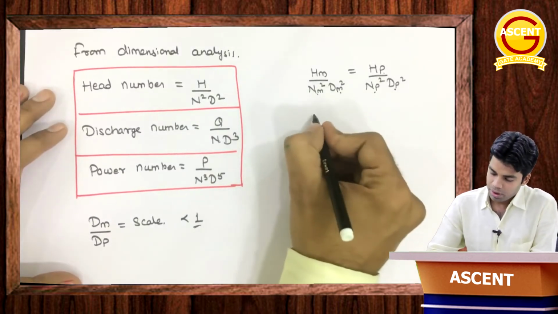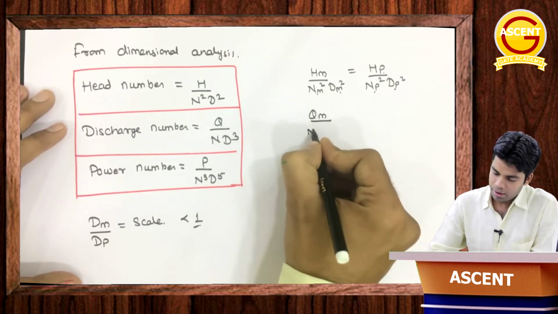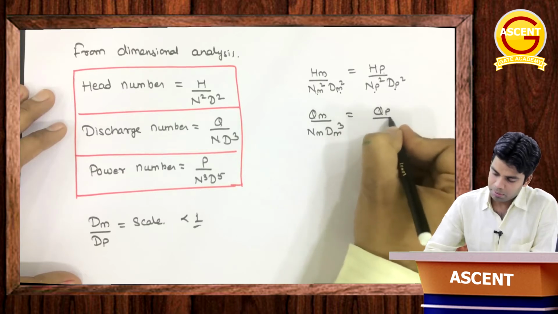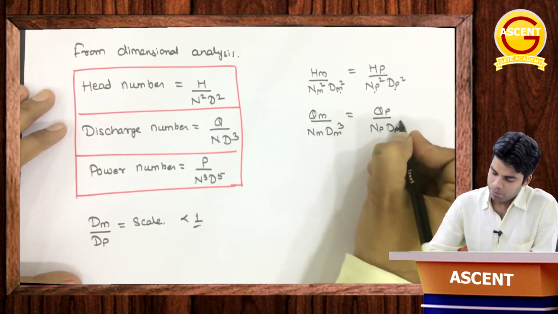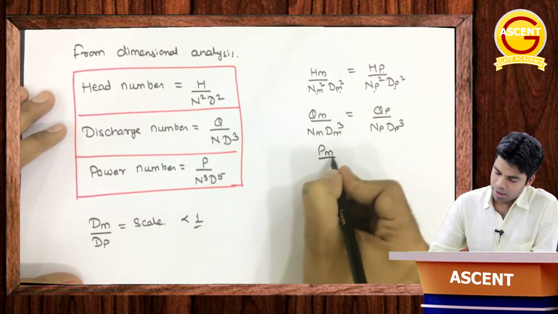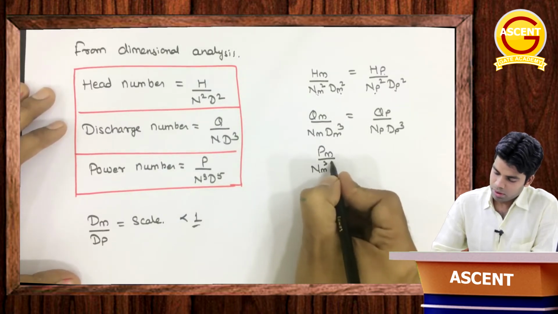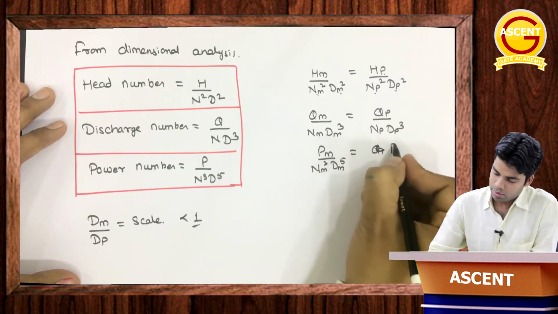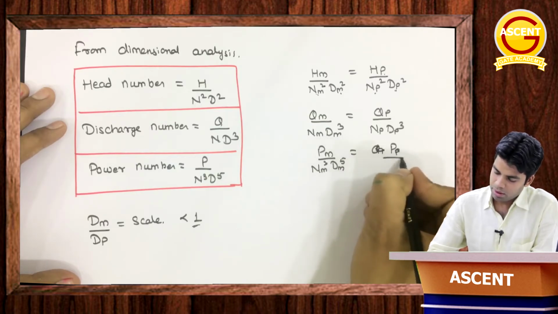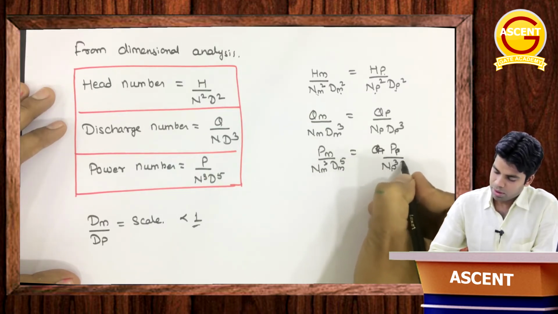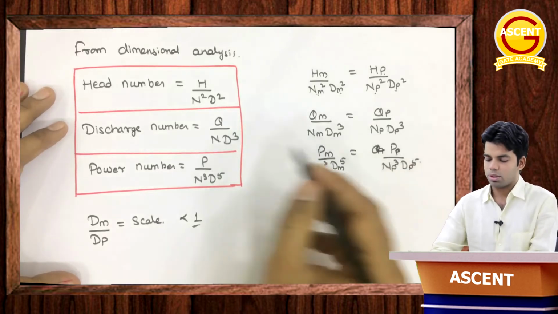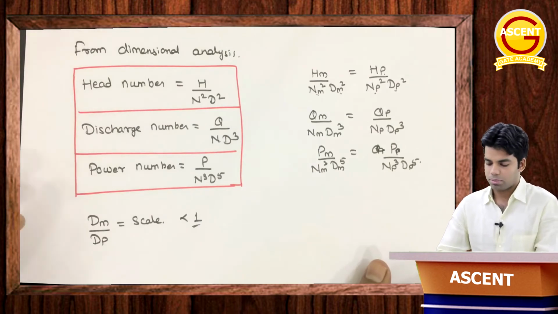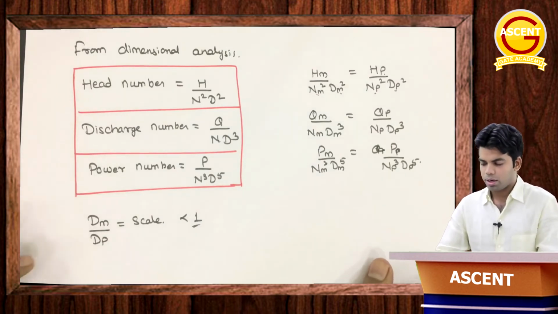Similarly Qm by Nm Dm cube is equal to Qp by Np Dp cube, and Pm by Nm cube Dm raised power 5 is equal to Pp by Np cube Dp raised power 5. So these are three numbers which remain the same for the model and for the prototype.